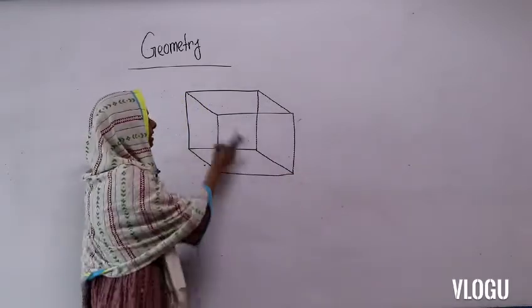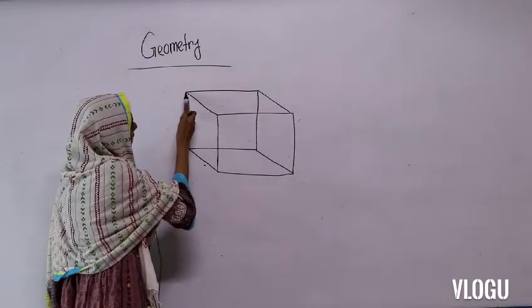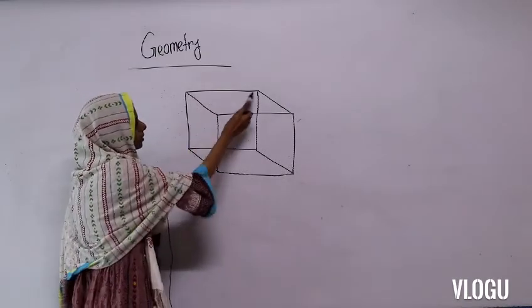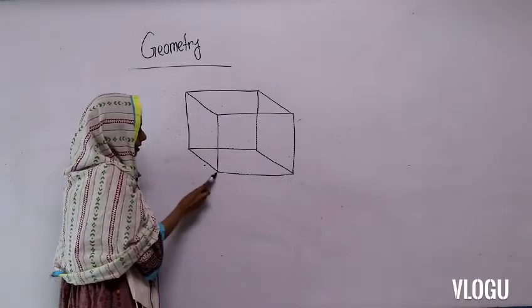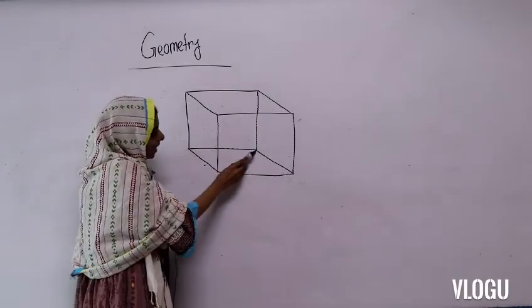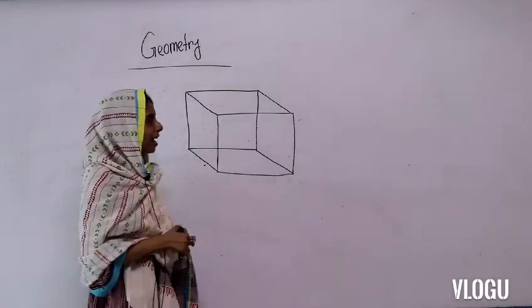Finished. This one is a cuboid. First, I have joined these two, then these two, then these two, and at last these two. I have made a cuboid.